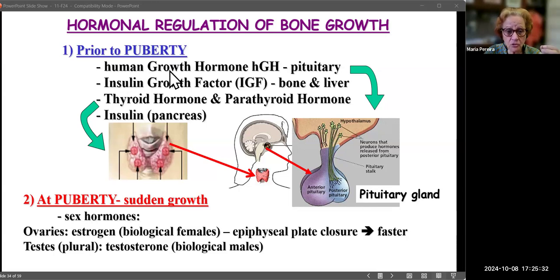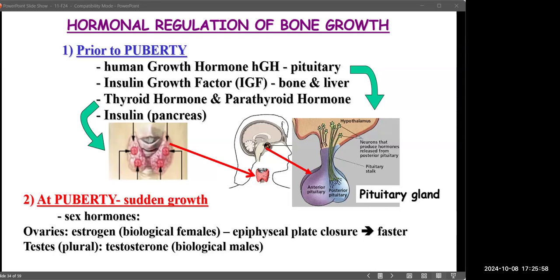You have growth hormone produced by the pituitary gland, which is very important for growth. You have insulin-like growth factor that's produced by the bone and the liver, and thyroid hormone and parathyroid hormone. Insulin plays a role, but it's minor. These other hormones play a heavier role. But that's a very good question.